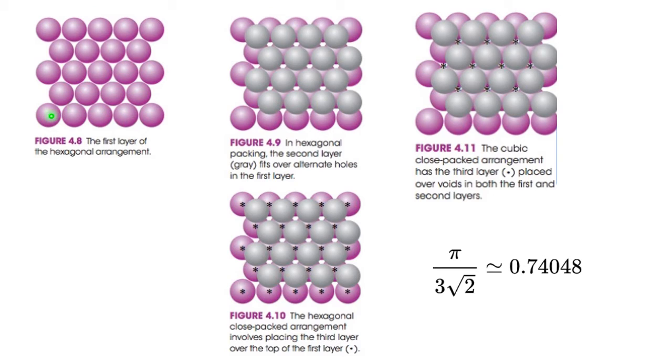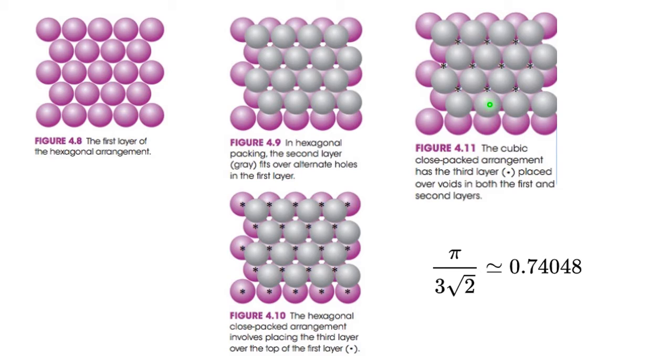So again, looking at it, first layer like this, it has hexagonal arrangement, so triangle, triangle, triangle. Second layer fits over alternate holes in the first layer. You cannot put at each hole because it will be too close, so you're leaving some of them empty. So that's how you arrange the second layer.